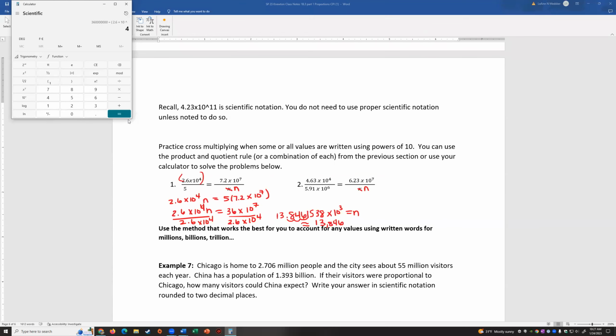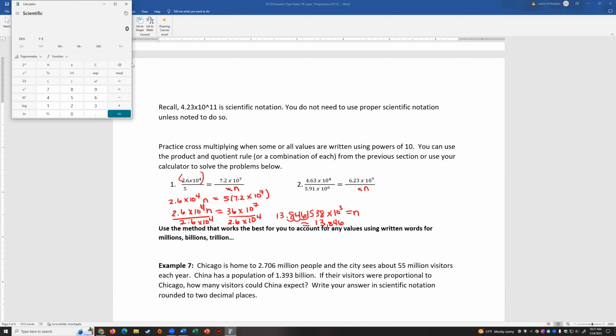That parentheses is so that it divides by both the 2.6 and the 10 to the fourth. And then we have to close our parentheses. That tells us 2.6 times 10 to the fourth is 26,000. And notice that if I was rounding to the nearest whole, it is 13,846.